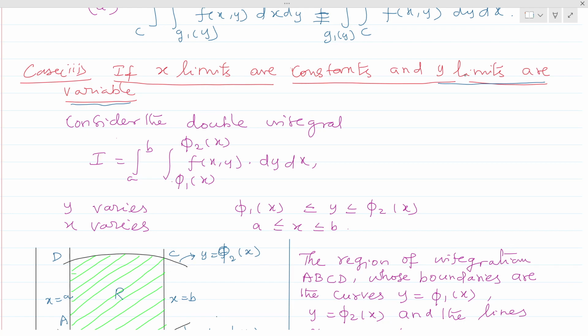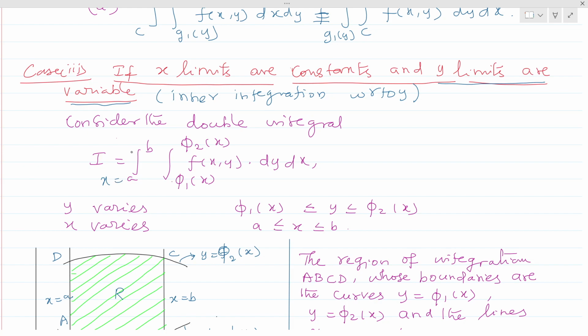Therefore, if y limits are variable, the inner integration is with respect to y. Are you able to understand? So consider the double integral I, with x limits constant, a to b.